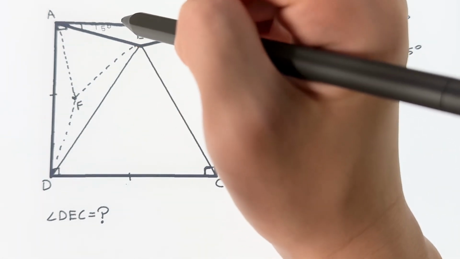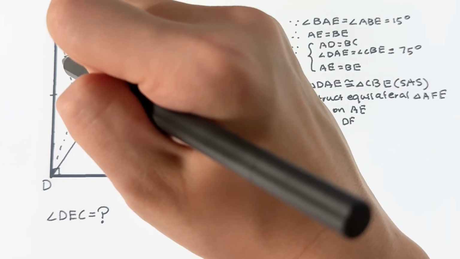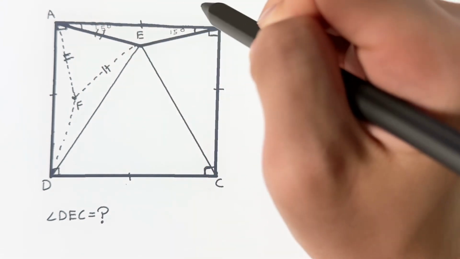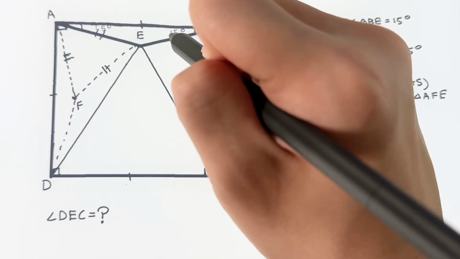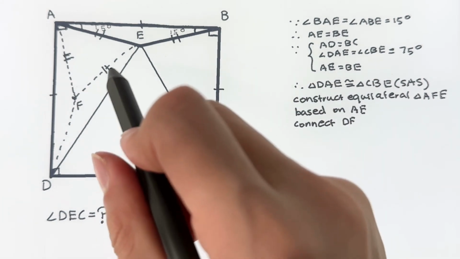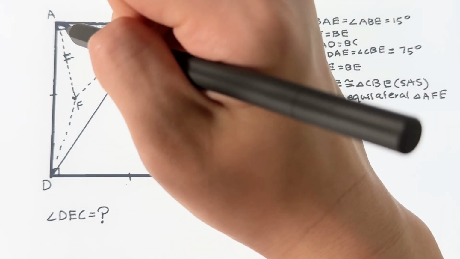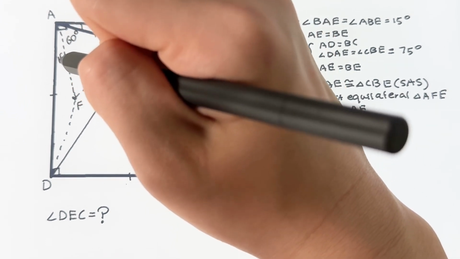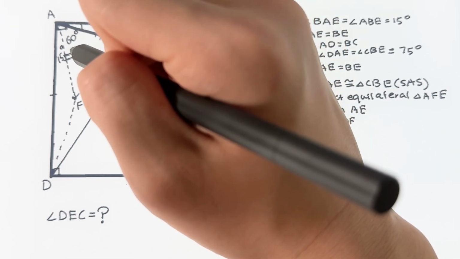So we have AF equals EF equals AE from the equilateral triangle. And not only that, we have AE equals BE also from the isosceles triangle. So these four sides are all equal. And then we know that angle FAE is 60 degrees and angle DAF is 15 degrees, because that's 90 degrees minus 15 degrees minus 60 degrees.